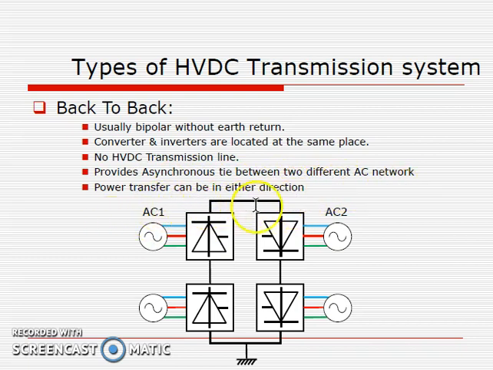The power transfer can be in either direction. In this case, the receiving end voltage and sending end voltage may have different frequencies, and they can then be synchronized. It means AC is converted to DC, and again this DC is converted to AC at the required receiving end voltage side.